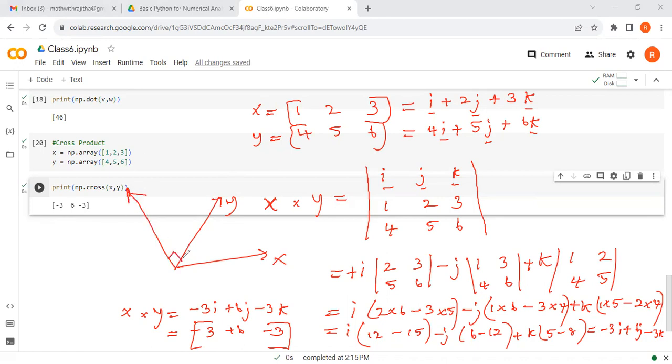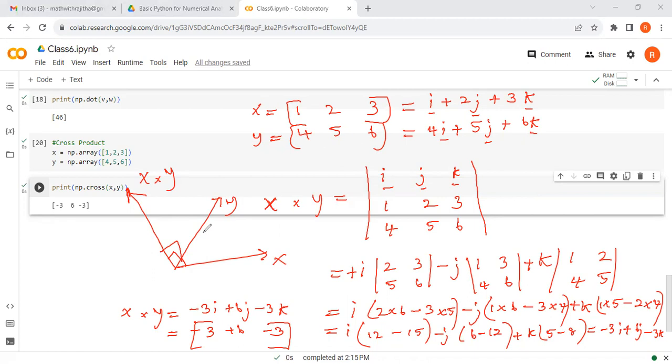This is perpendicular to this, and this is perpendicular to this. So this is x cross y. You understand? I'll teach you this in detail when I am doing linear algebra.